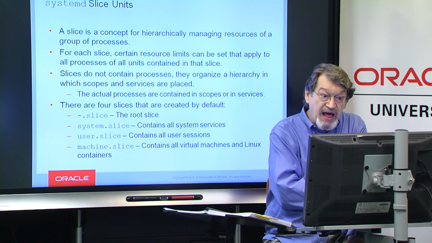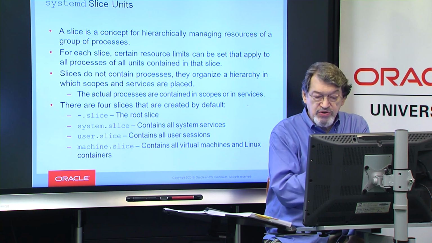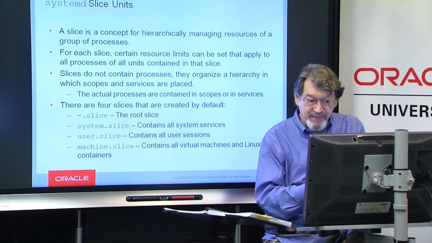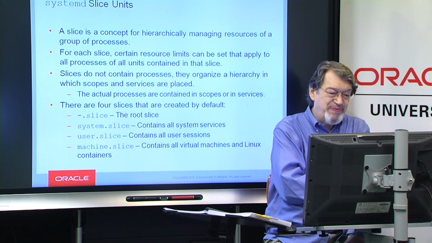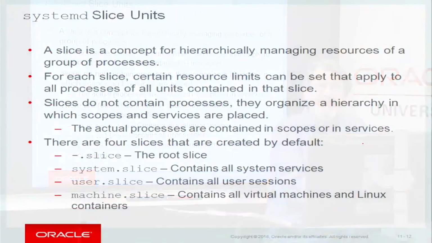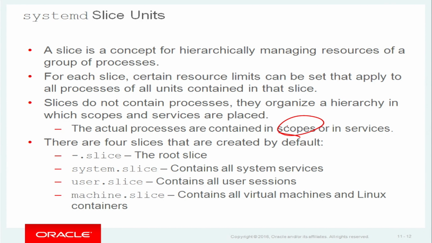For each slice, certain resource limits, parameters, can be set that apply to all processes and all units contained in that slice. Slices do not contain processes, they organize the hierarchy. Actual processes themselves are maintained in the scopes or in the services section later on.